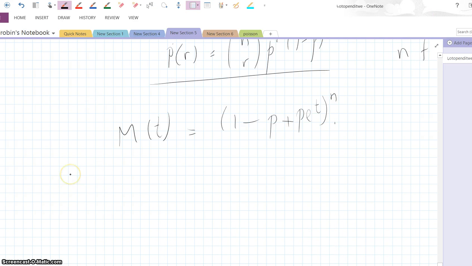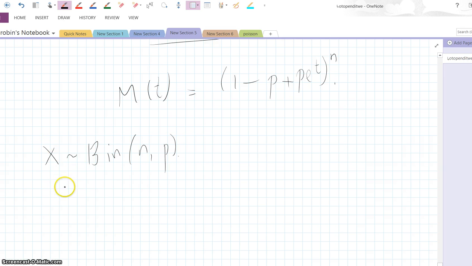So what I'm going to do is take a random variable x distributed as binomial, bin of n comma p, and work out the expectation of x. Well, that's equal to d by dt of m of t, evaluated at t equals 0.